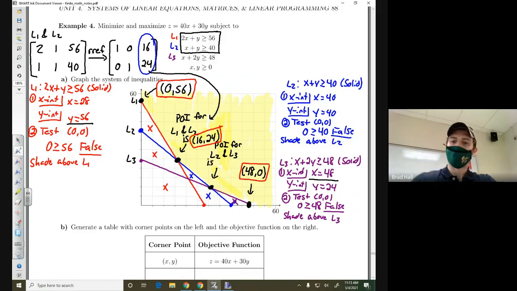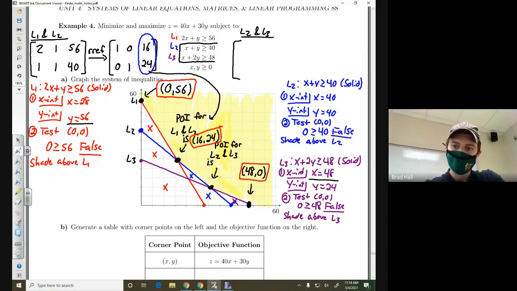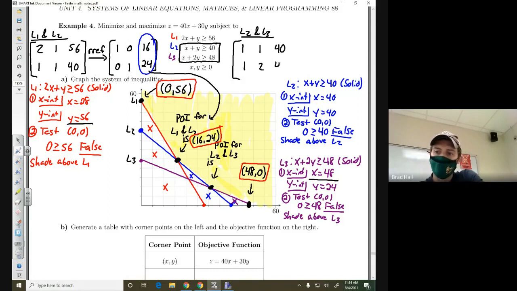And so for the last one, this is the point of intersection between L2 and L3. So I'm going to erase that little box that I had around L1 and L2 because we have two new lines that are being intersected with one another, L2 and L3. 1, 1, 40, 1, 2, 48. We simply take the coefficients and put them straight to a matrix.